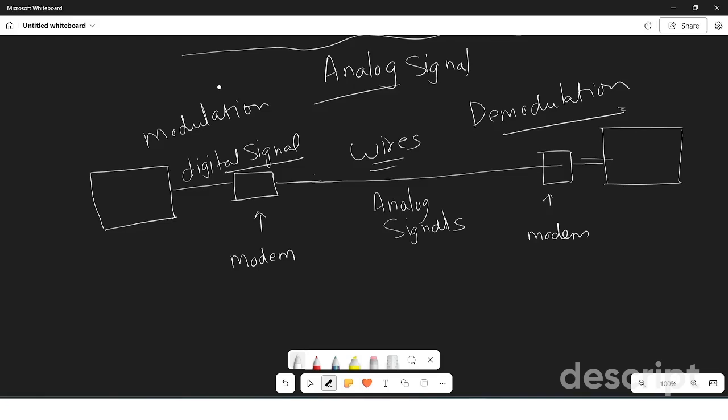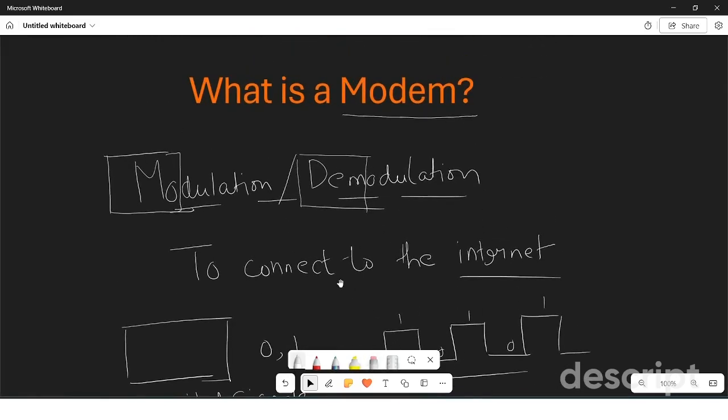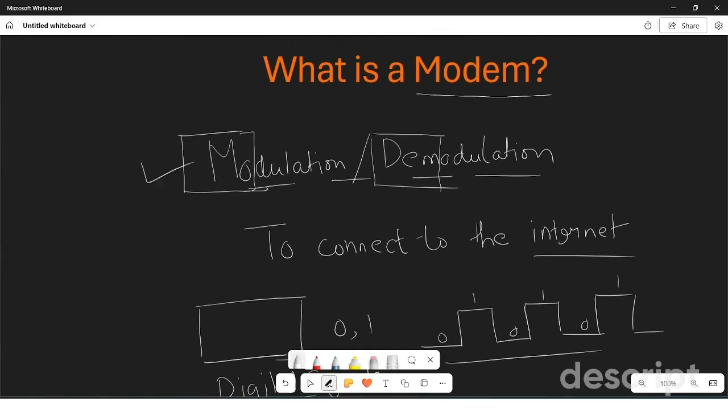So this is the whole thing of why we require a modem and what exactly modulation and demodulation are. Modulation converts the computer data, the digital signal, into analog and then transfers it through the wire, and at the receiving end, that analog data gets converted back to the digital signal and goes to that digital machine.